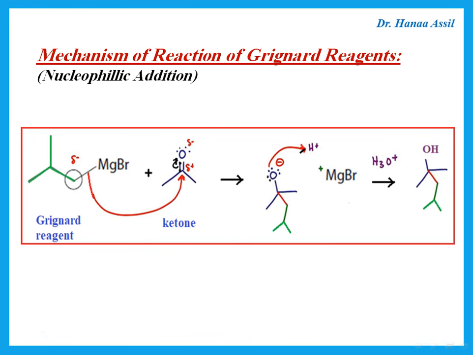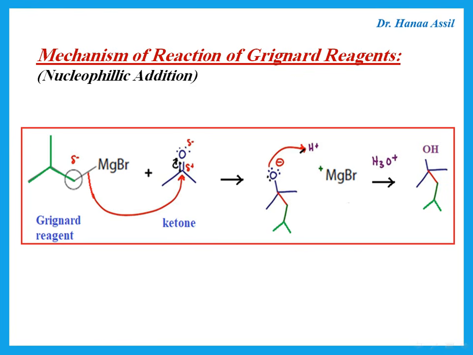How does the Grignard reagent work? It works with nucleophilic addition. The carbon that is attached to the magnesium bromide or magnesium chloride is a slightly negative carbon, so it acts as a nucleophile that attacks a carbonyl carbon.